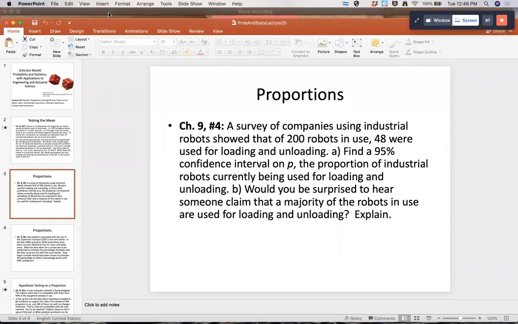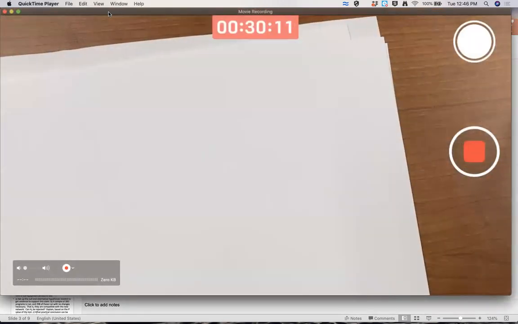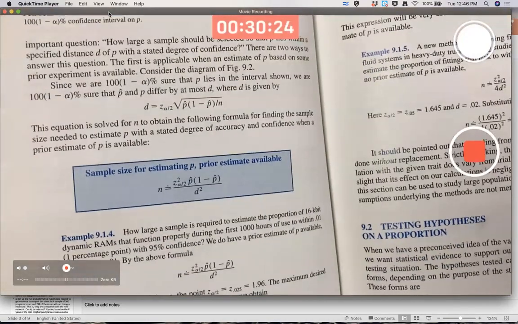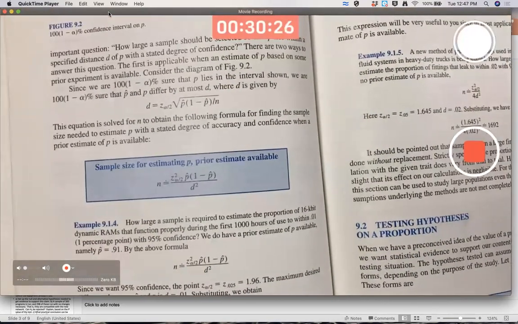I did allude to the fact that there's also a formula for figuring out sample sizes. When you want a certain margin of error, there's a couple formulas, in fact, that are commonly used. There's this formula right here.